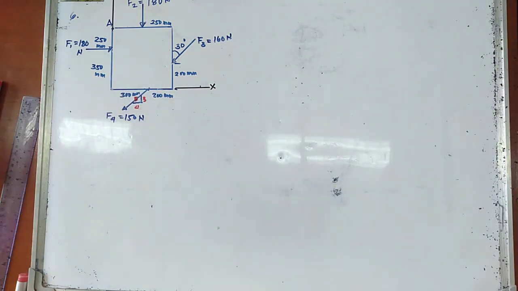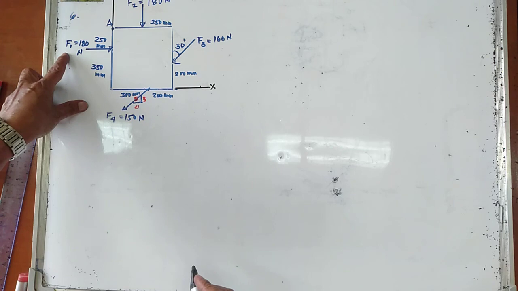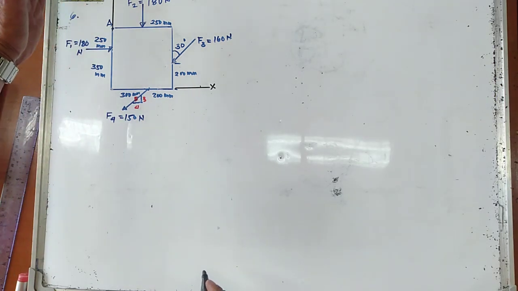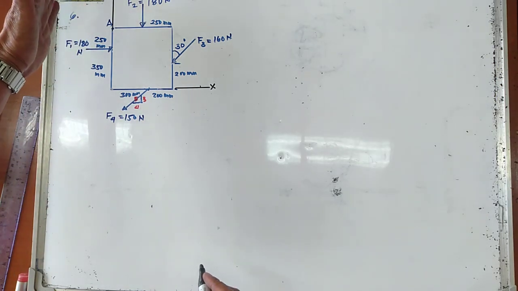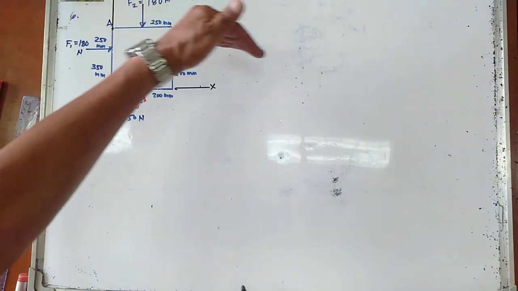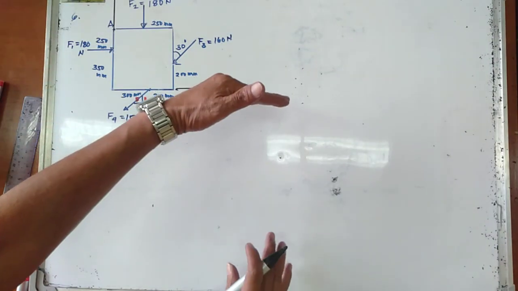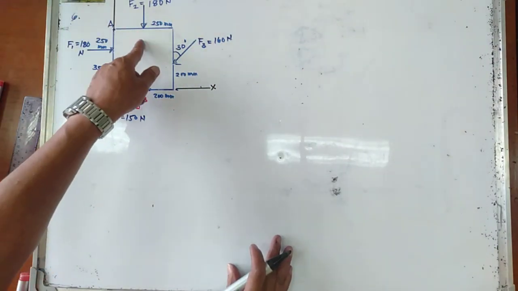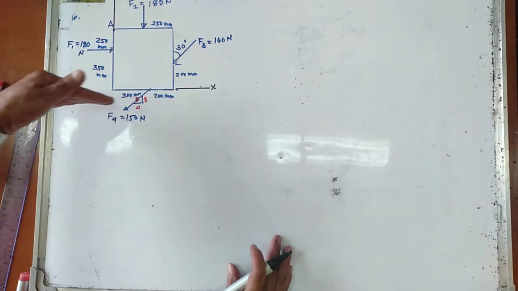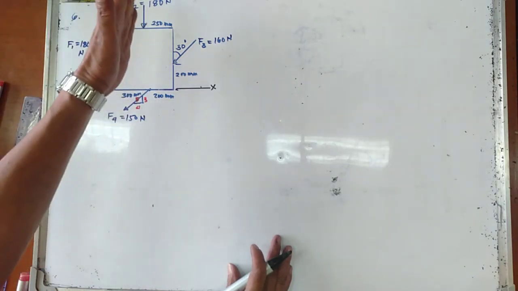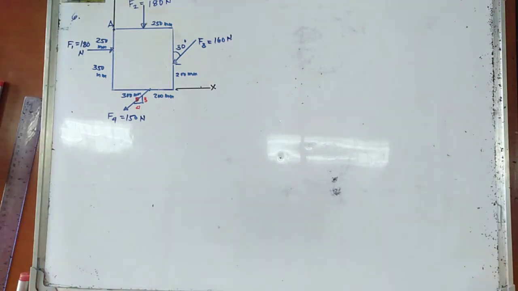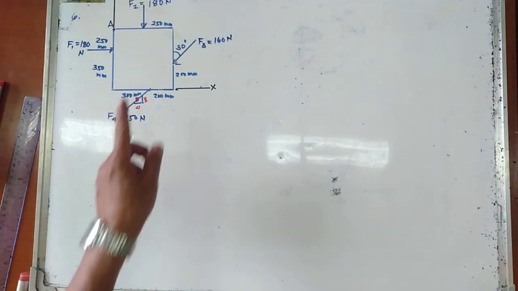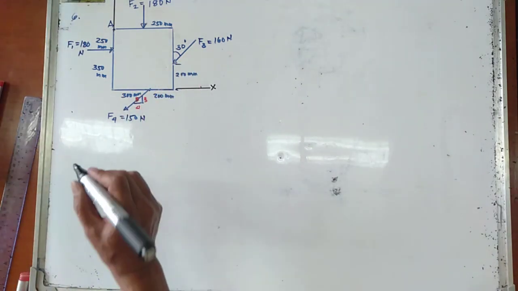The component of F1 in the y-axis is 0 because it is parallel to the x-axis. And the component of F2 in the x-axis is also equal to 0 because this is parallel to the y-axis. So only F3 and F4.